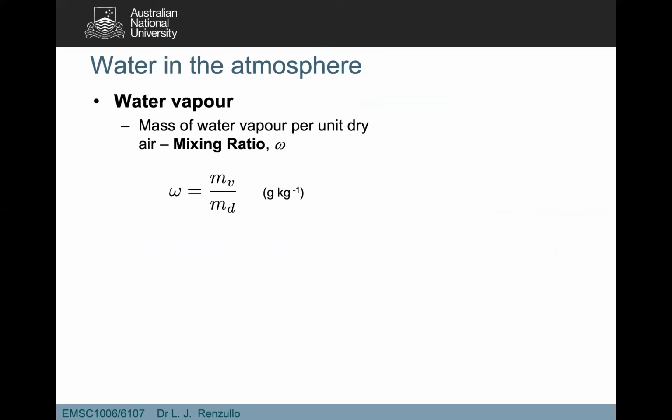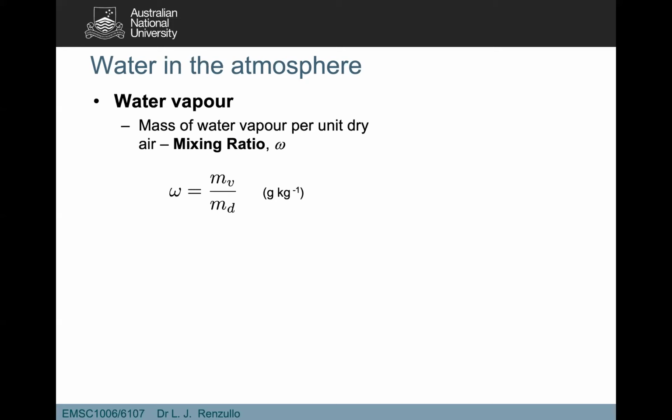Right, so water exists in the atmosphere primarily as a gaseous state, so it's in the form of water vapor. The amount of water vapor per unit dry air is called the mixing ratio, and we use the mixing ratio as a way of quantifying the amount of water in the atmosphere.